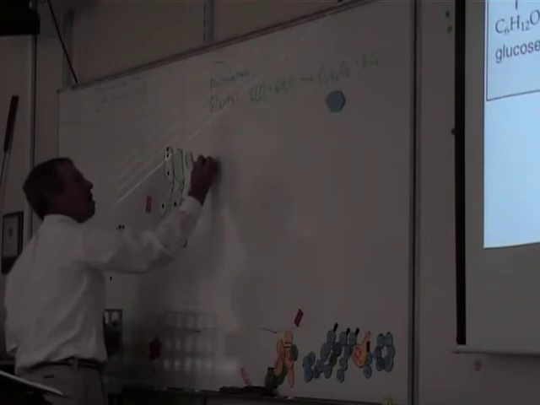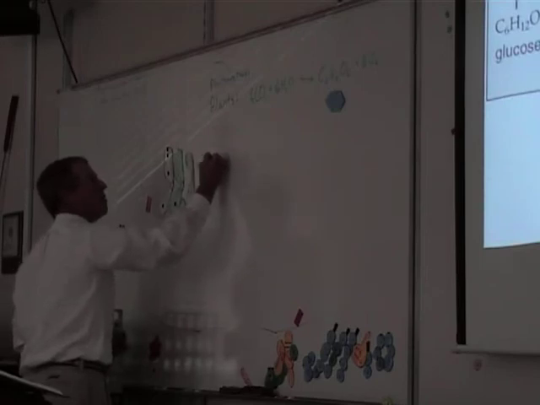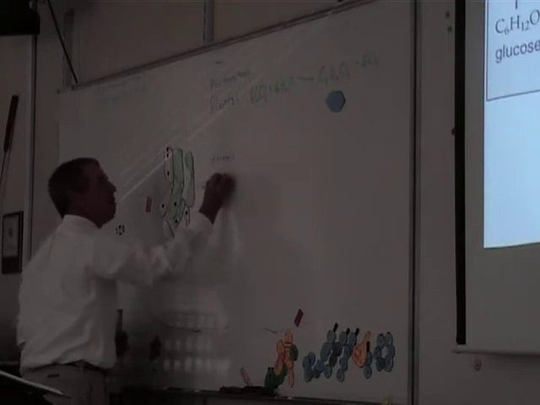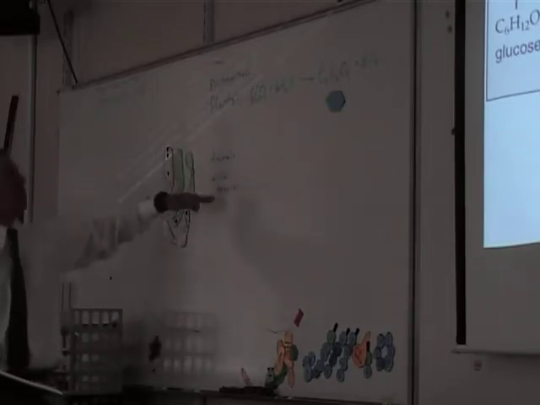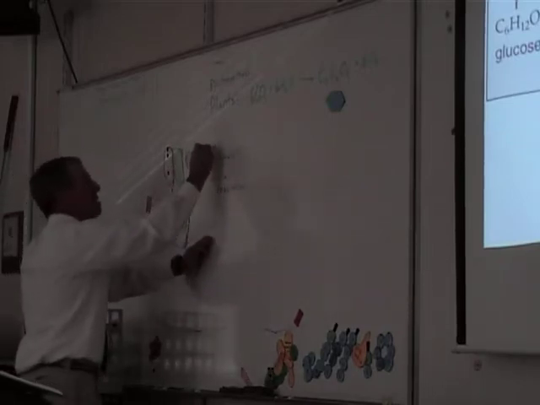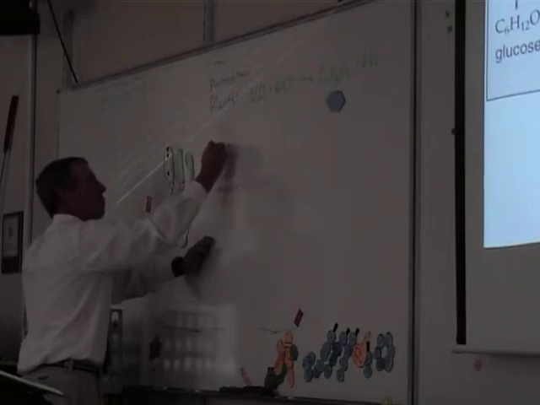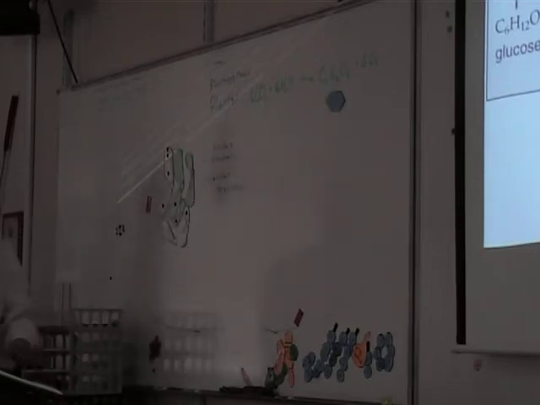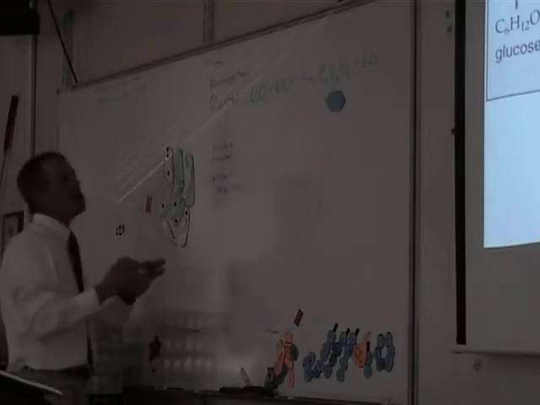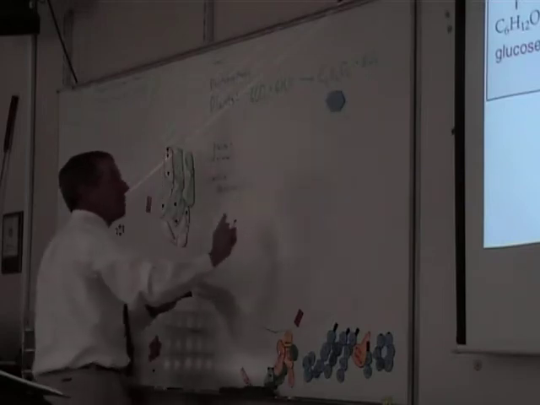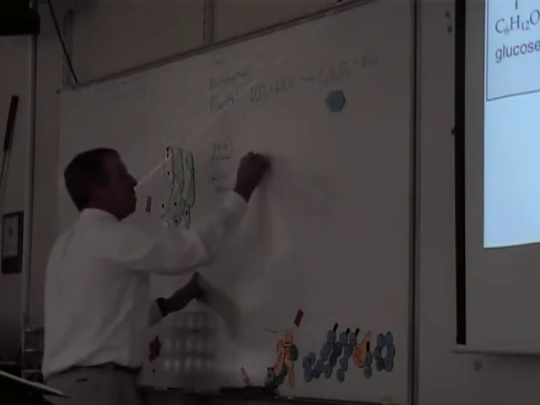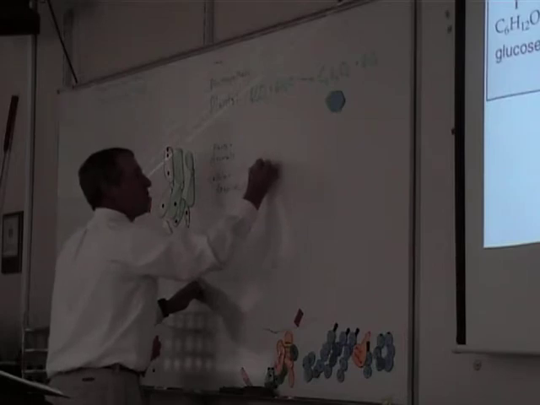Animals do what's called cellular respiration. Actually, plants do cellular respiration as well. So let me put plants and animals. Plants can do both. Plants and animals do cellular respiration. Cellular respiration is when this molecule is taken, C6H12O6.